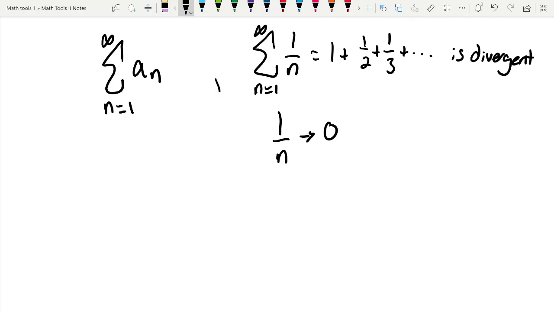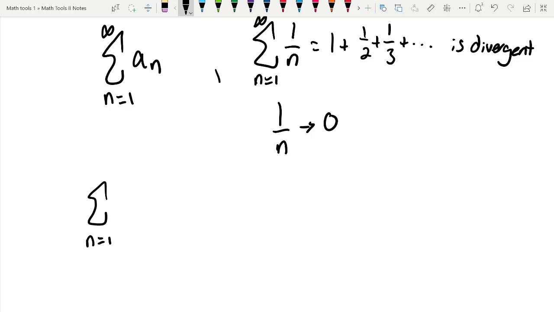But that's not enough for us to say that if we add all the terms together, that also converges. So even though the terms themselves are eventually going to 0, the series itself does not actually converge.